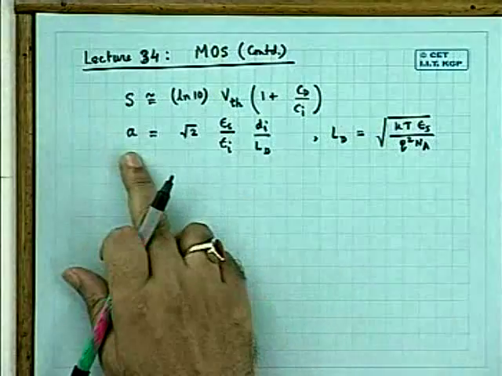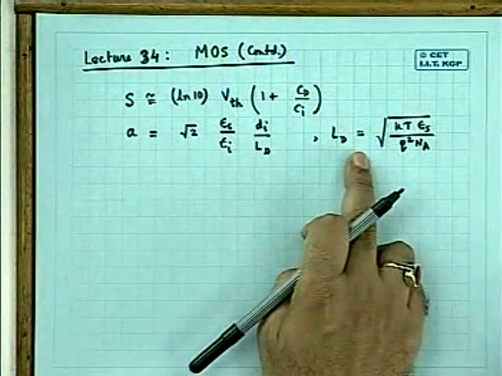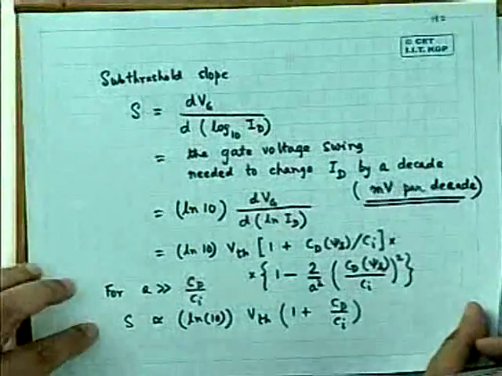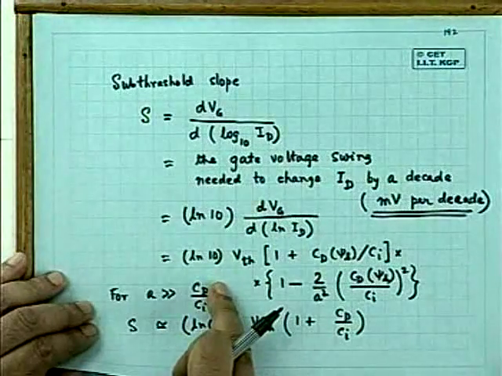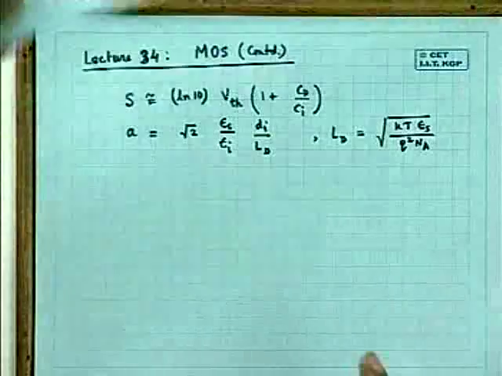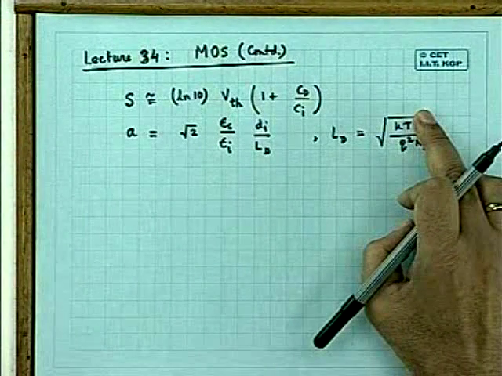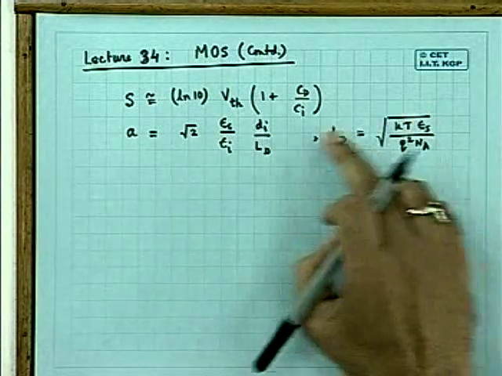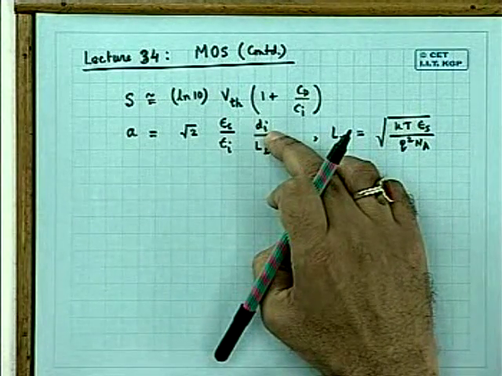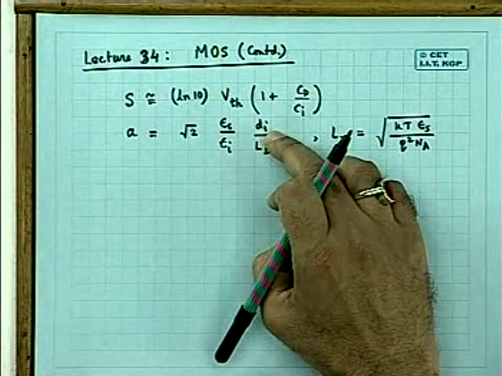So knowing this expression for A and LD, you are now able to compute the value of S as a function of any parameter, either Na or temperature or insulator layer thickness, and so on and so forth.